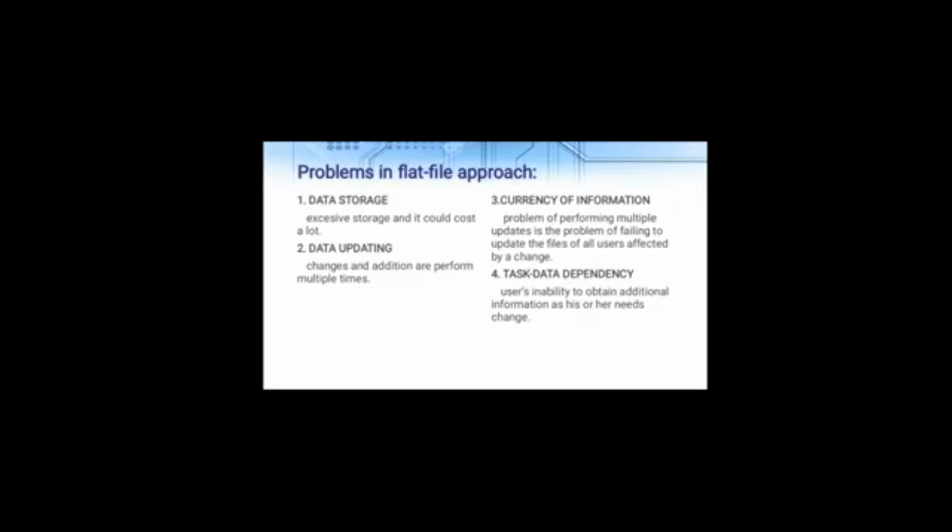So nakita natin kanina and nalaman din natin na hindi accessible kay user 2 and user 3 yung data ni user 1. So for example, kailangan ni user 1 yung data X, which is wala sa data storage niya.